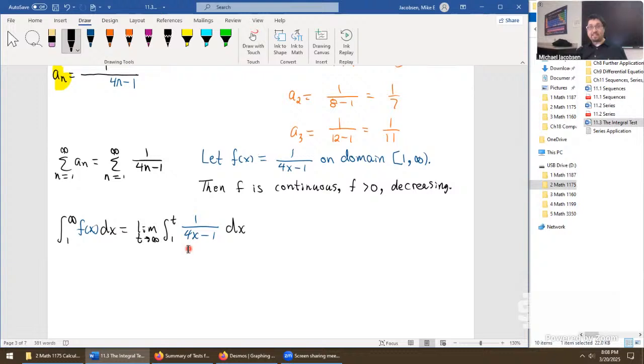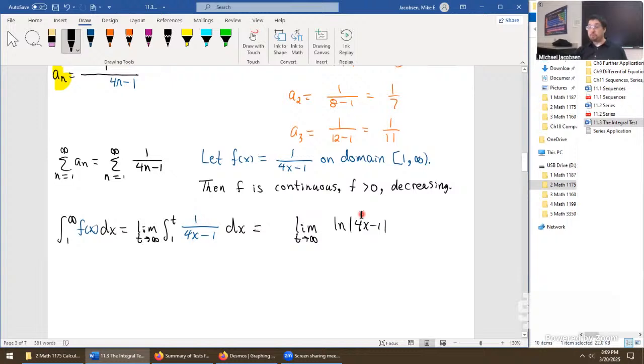Let me know how you feel about this. If you would like to see the u substitution method, I'm happy to show it. But if I saw this, I would encourage you to write out the antiderivative in this way. Take the limit as t goes to infinity. This is just like a 1 over x, right? The antiderivative should be the natural logarithm of that x, except that it's 4x minus 1.